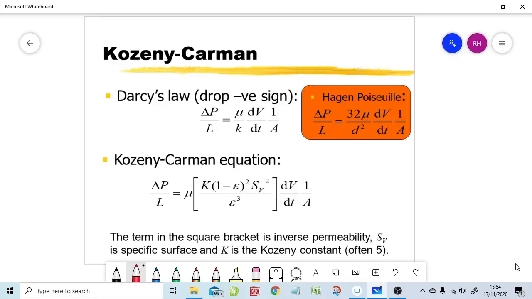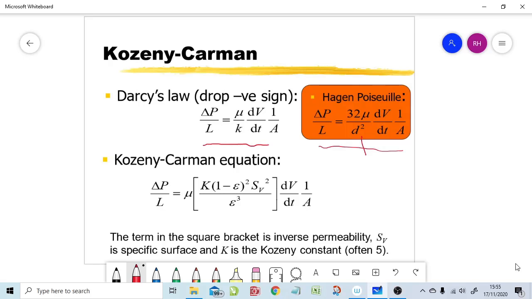Okay, so we have our Darcy's law just here, and I mentioned it's analogous to the Hagen-Poiseuille equation, which is just here. Again, we have the viscosity on the top there. The diameter here in Hagen-Poiseuille is the internal diameter of the pipe. Everything else is the same as in Darcy's law. So in fluid flow through a pipe, it's the internal diameter squared.